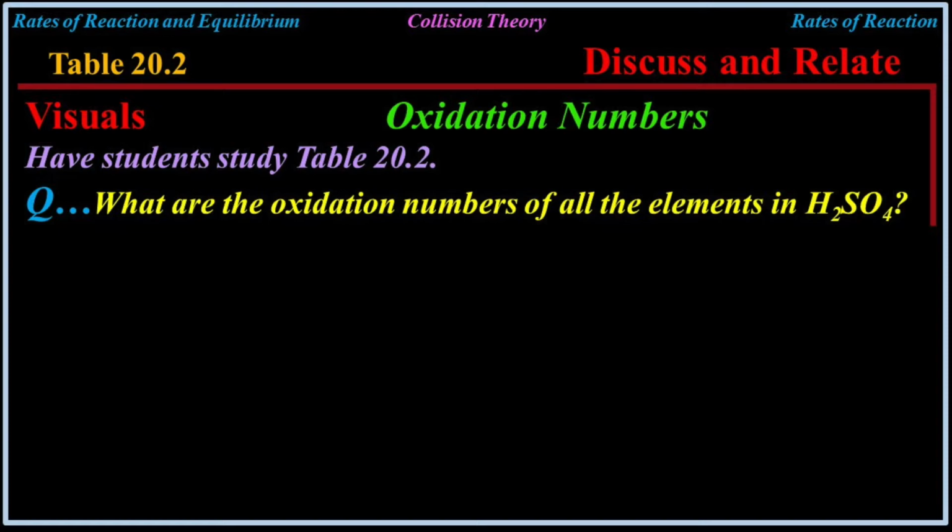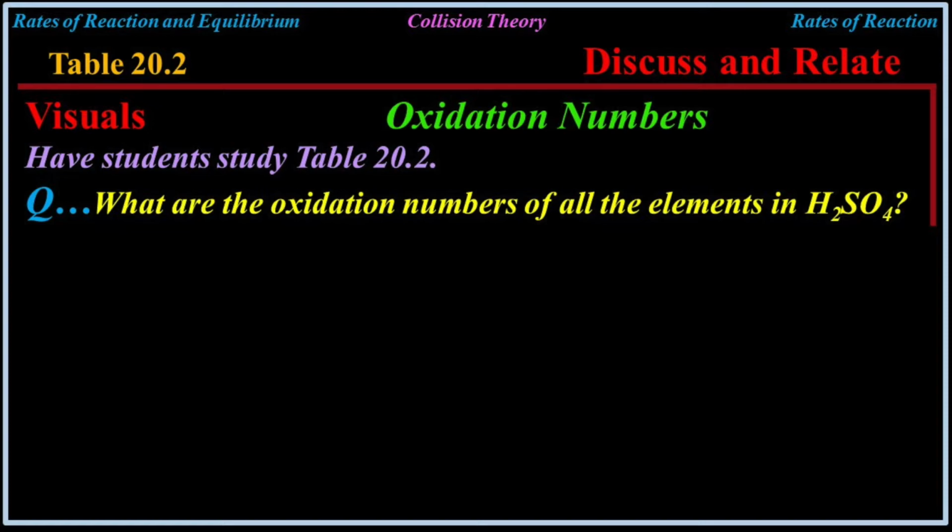Well, it's going to be plus 1 for hydrogen, plus 2 total, plus 6 for sulfur, and minus 2 for oxygen. Let's look at that a little bit more closely. So in H2SO4, the negative charge is going to be negative 8, 4 times negative 2, that's oxygen.